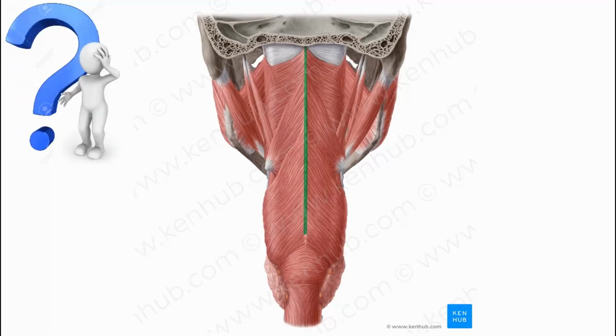What is this view? This is a posterior view of the pharynx, showing that it is made of 3 constrictor muscles. They meet posteriorly in the midline. This meeting line is called pharyngeal raphe.